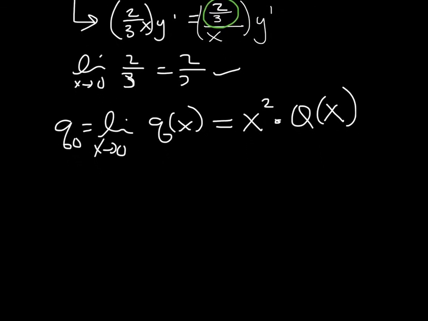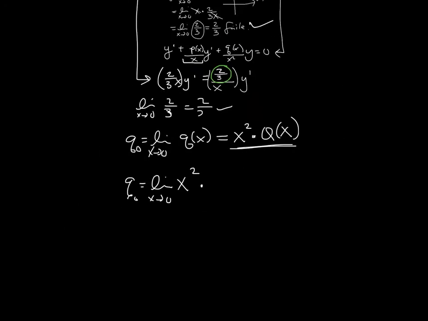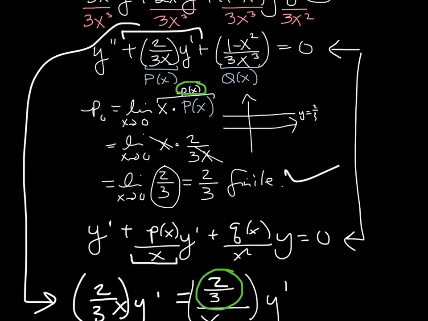So we have Q naught, the limit as x approaches 0, and I'm using this one, so x squared times, and according to our problem, what was Q of x from way above?